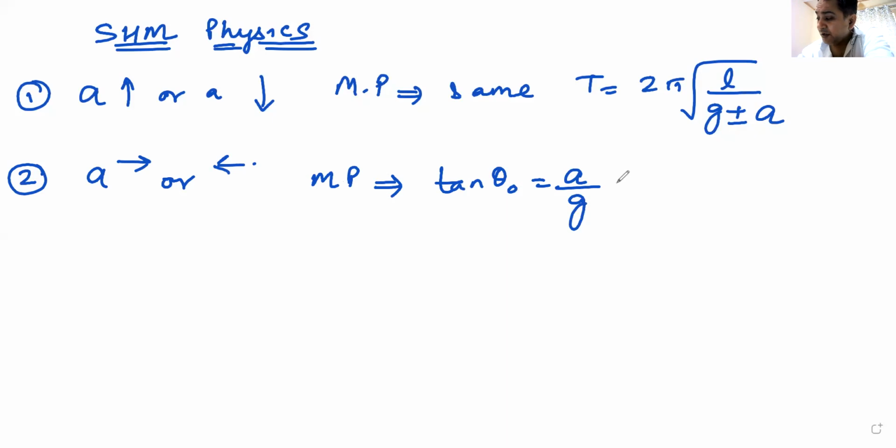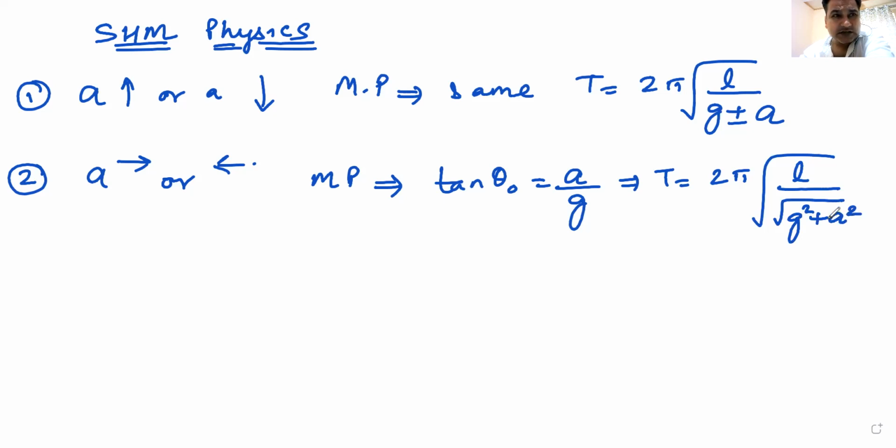In this case your new time period will become 2 pi root over L upon root over g square plus a square. Do we understand this? Can I have raised hands that we understand this, sir?